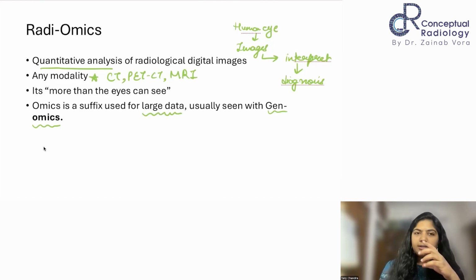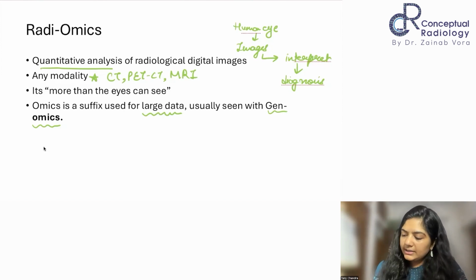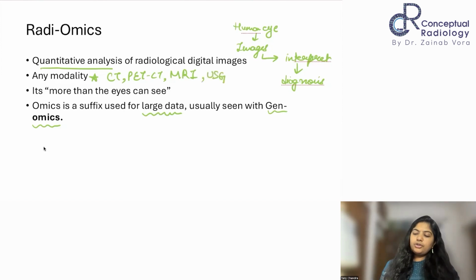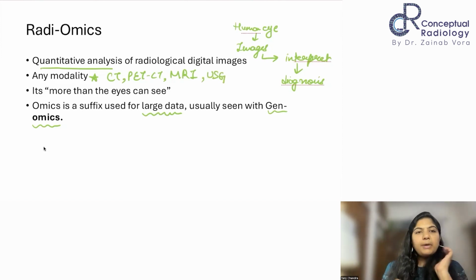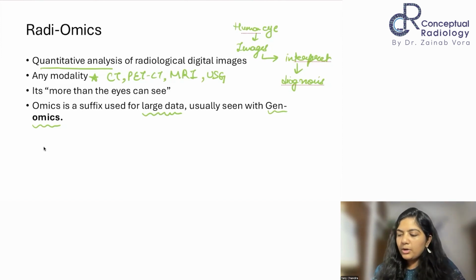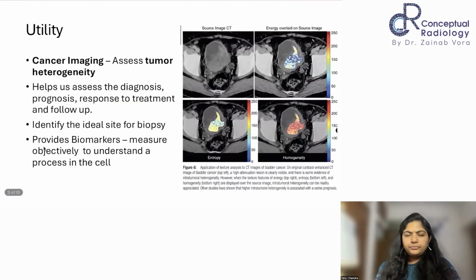We don't draw an ROI and see whether it is brighter or less. We don't do that in MR. So MR is the harder of these modalities to be used in radiomics. So remember, it is more than what the eye can see. Okay. Better than what we can see, more of a quantitative outlook.